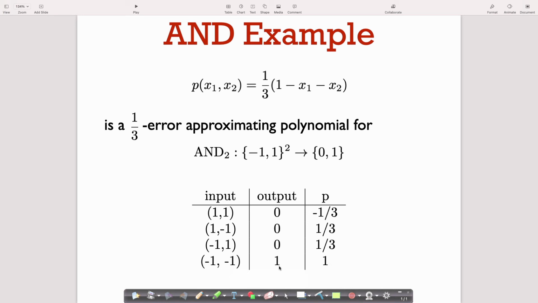So this is actually a 1/3 error approximating polynomial for the AND function, and it just has degree 1 instead of degree 2. So the approximate degree can be smaller than the exact degree.